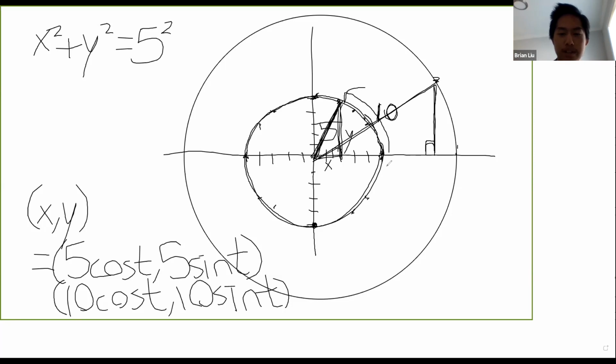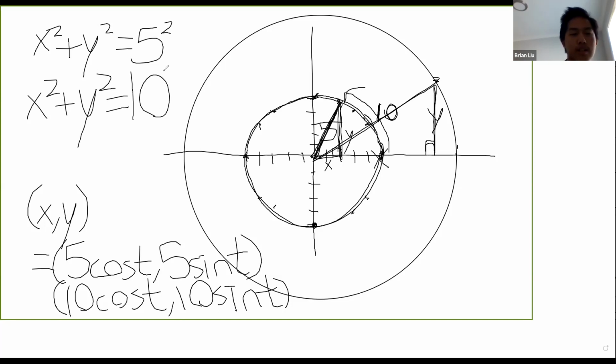And we have this side length being x, this side length being y. So by the Pythagorean theorem, we have x squared plus y squared equals 10 squared. Right, so x squared plus y squared equals 10 squared is the same as the parametric equation, 10 times cosine t, 10 times sine t.